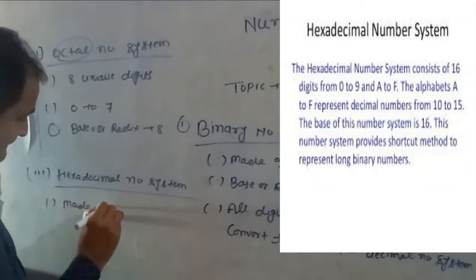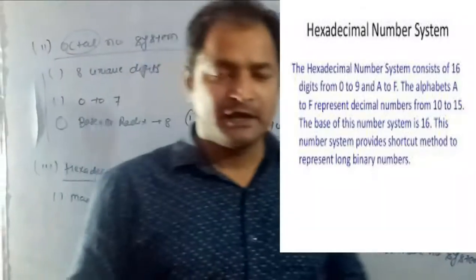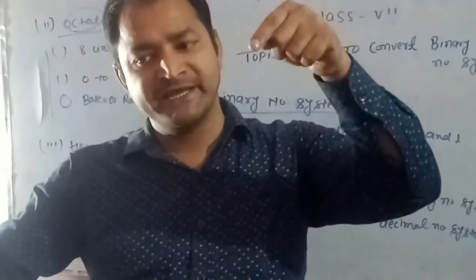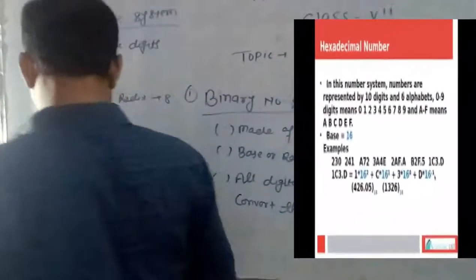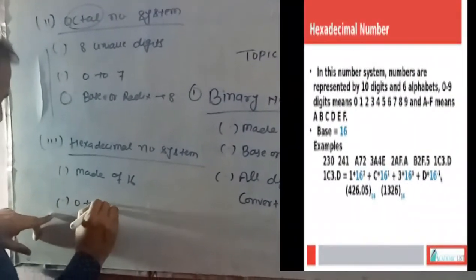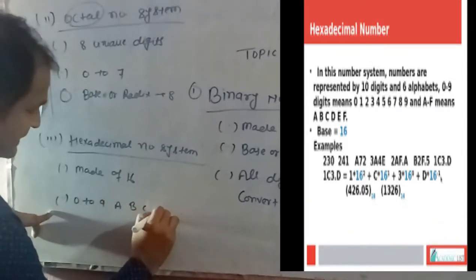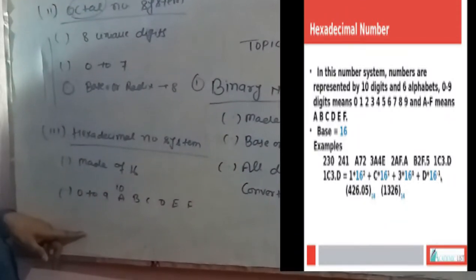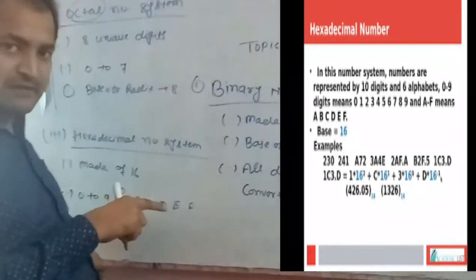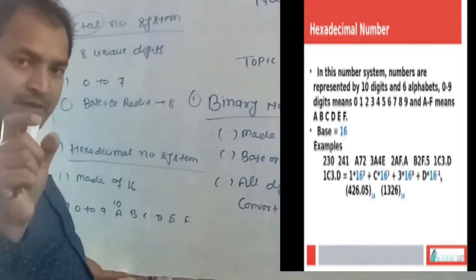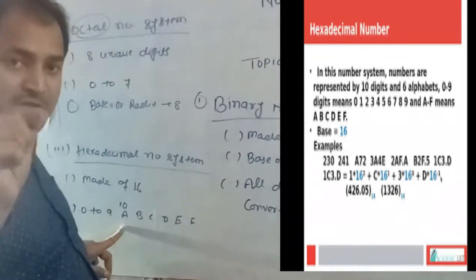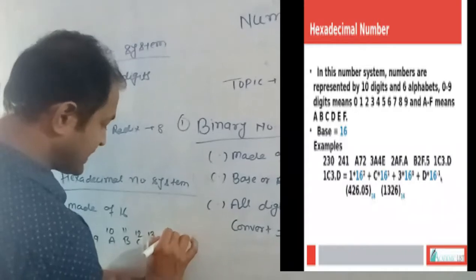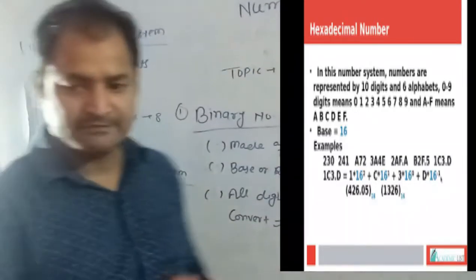The digits represent 0 to 9, A, B, C, D, E, F. Always remember 10 represents A, 11 represents B, 12 represents C, 13 D, 14 E and 15 F. I hope every student agrees.